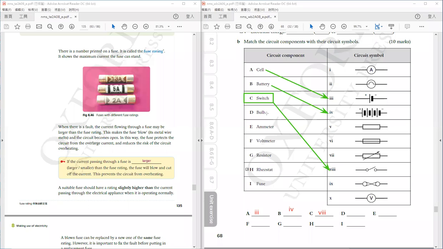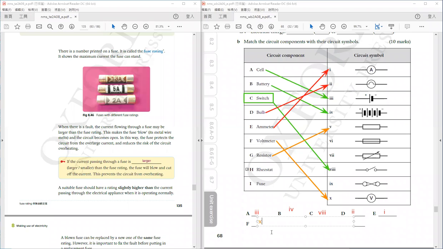Okay, for light bulb, you should have learned it. That's number 2. Ammeter is number 1. F, voltmeter. Voltmeter should be drawn like this. Voltmeter is number 10. Resistor is number 5.